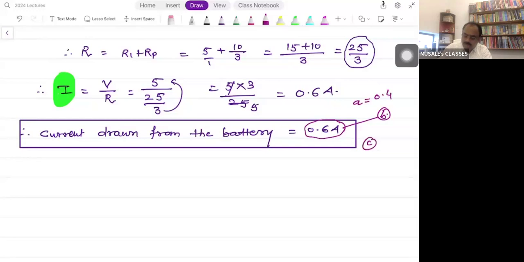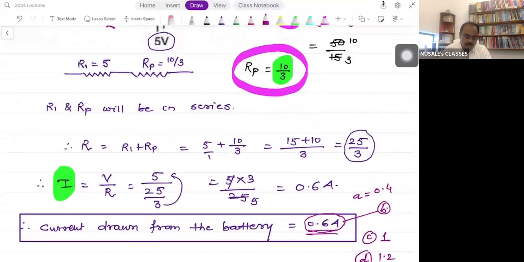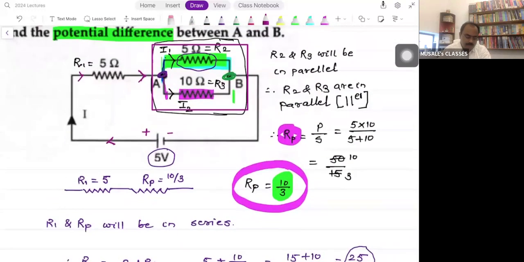Okay, C can be 1, or D can be 1.2, whatever. Okay, so this is how objective question will be framed on first part of this numerical. फर्स्ट पार्ट वर असं न्यूमेरिकल विचारतील, सेम डायग्राम देतील and the current drawn from the battery.